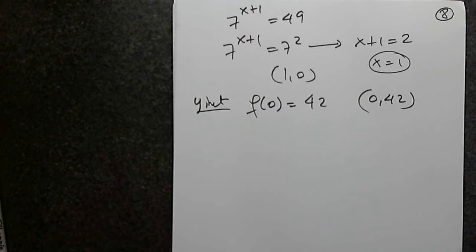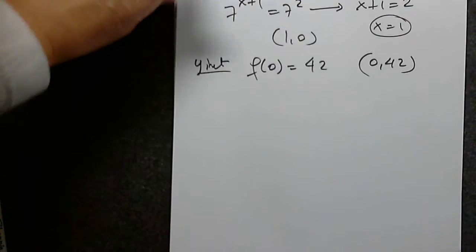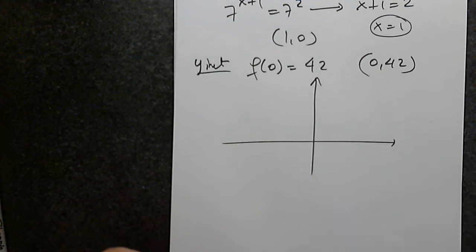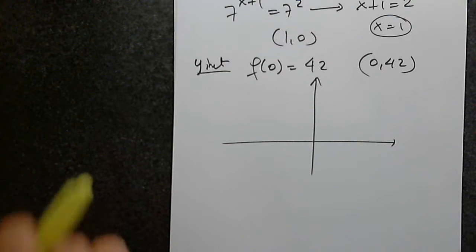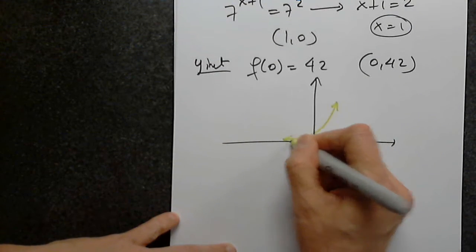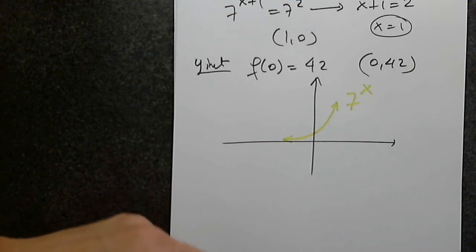Is it? No. So then it must be increasing on all its domain because the base is bigger than 1. 7. Very good. Where does it cross the y-axis? Always. A pure exponential function. 0, 1. So this is 7 raised to the x.